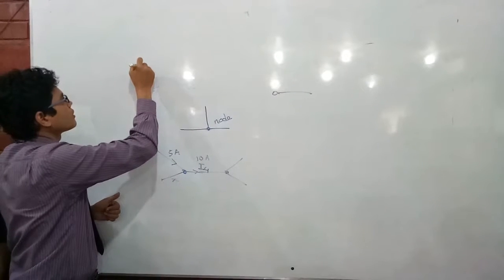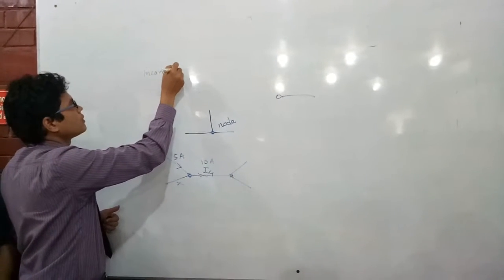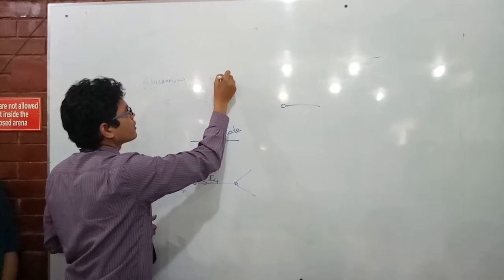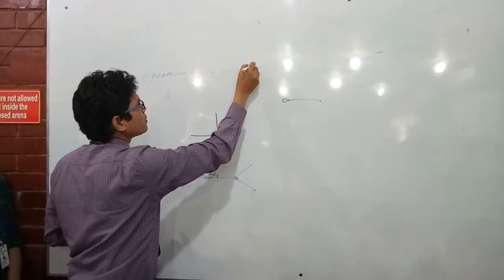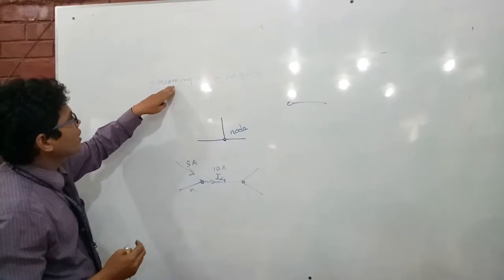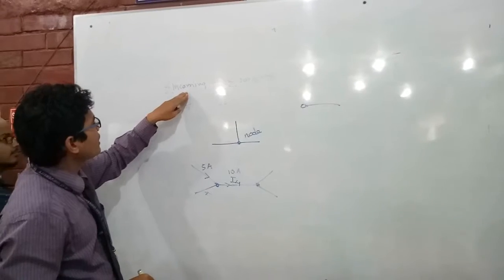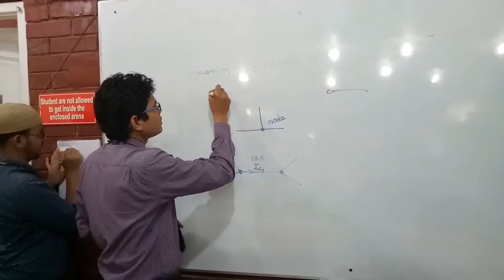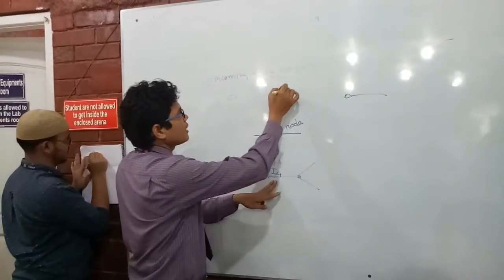The summation of incoming is equal to the summation of outgoing. Incoming current we count as 5 ampere, and outgoing is 10 ampere right now.